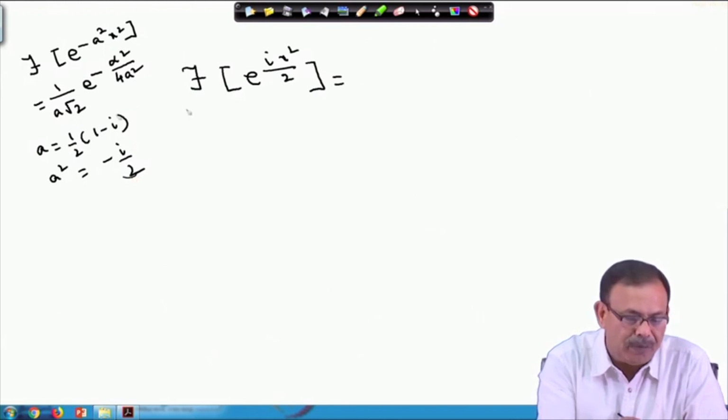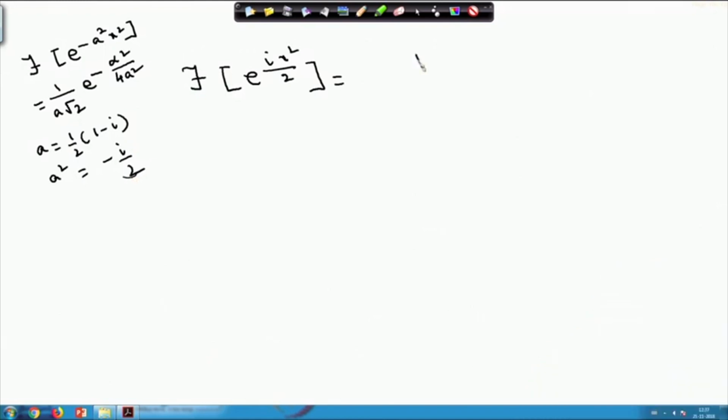So you will obtain 1 by root 2 into a, which is half into 1 minus i, into e power minus alpha square by 4 a square, where a square is minus i by 2.